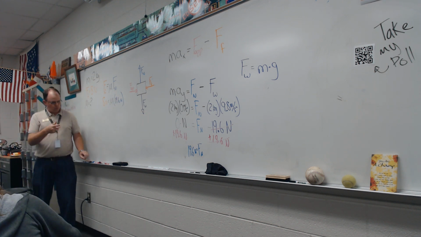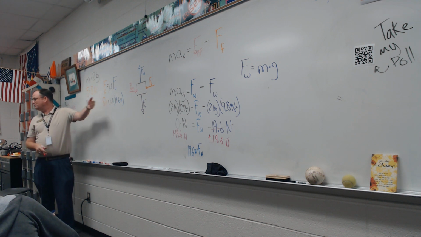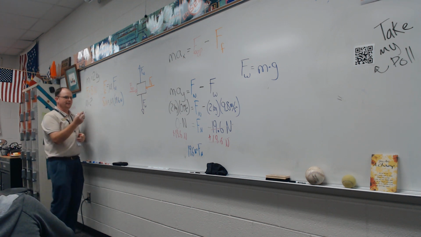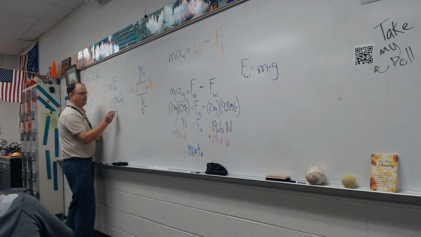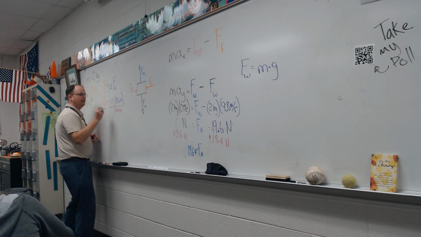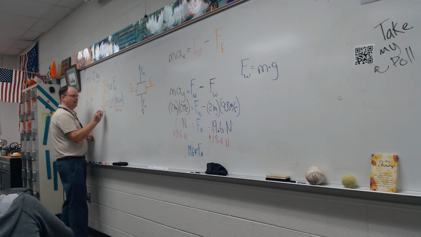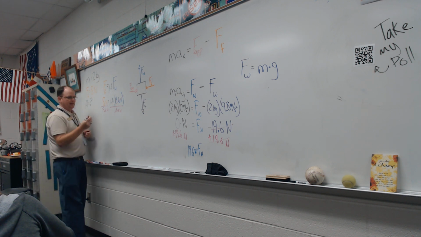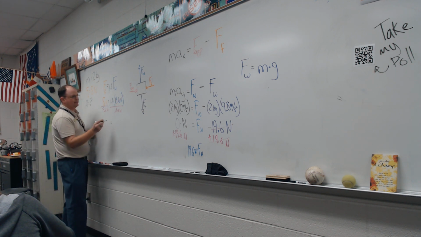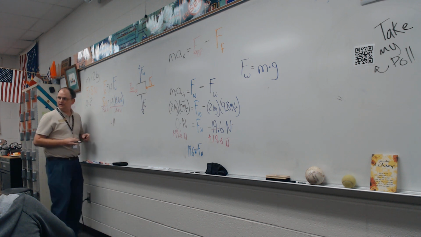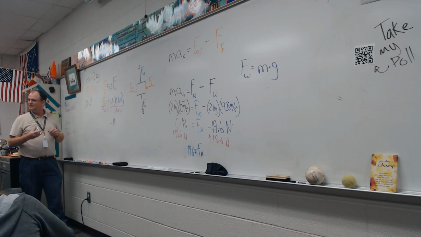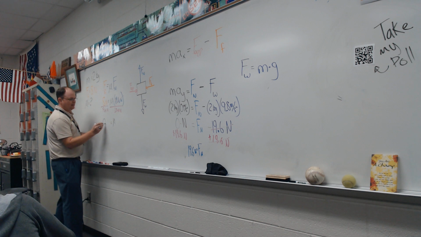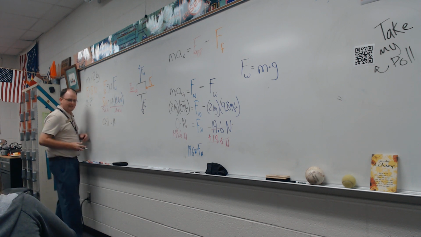Well, I undid subtraction with addition. How am I going to undo multiplication? Division. 19.6 goes away over here. 19.6. And somebody with a calculator, because that is definitely not going to be my mental math cup of tea. What did you get? 0.41.